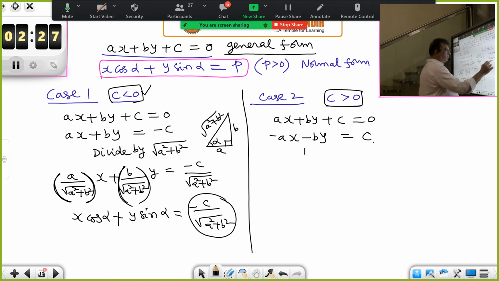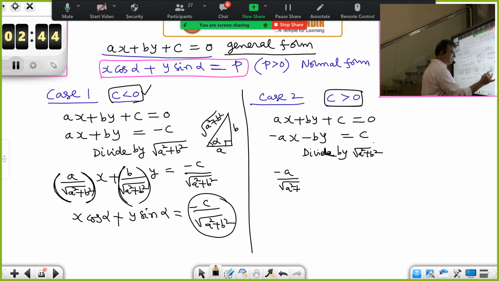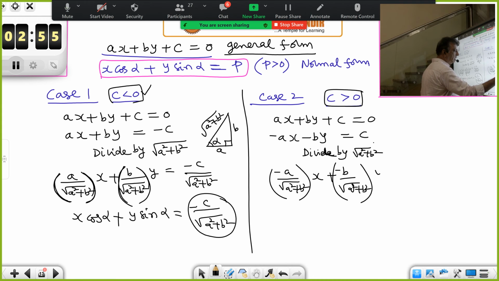Again divide by root of a square plus b square. Then you get minus a by root of a square plus b square into x plus minus b by root of a square plus b square into y is equal to c by root of a square plus b square.